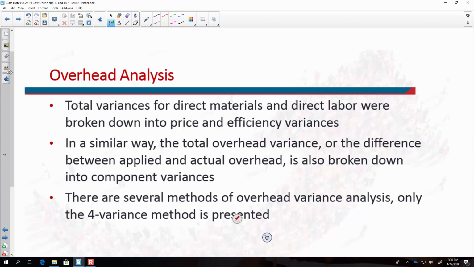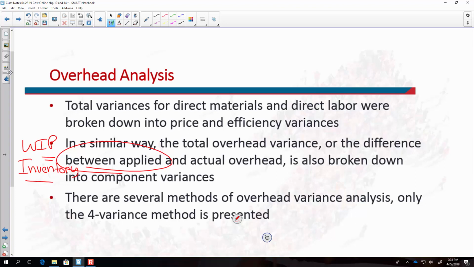And with overhead, remember we're going to continue using the applied overhead for the amount that goes into work in process inventory. So we're almost going back to the normal costing that we did way back in chapter 4 when we did job costing and we applied overhead to a particular job.